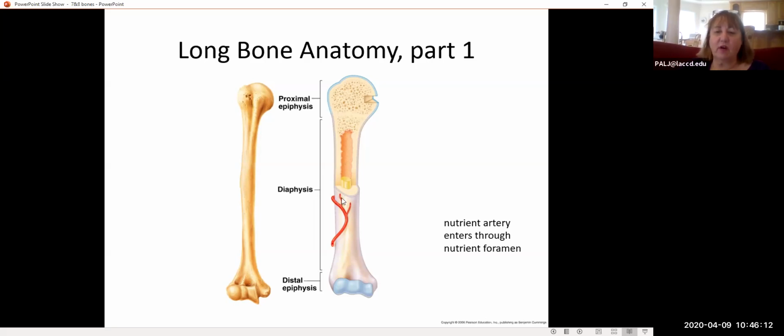They enter the bone through little tiny holes, which you can see with your eye in the bone, and those holes are called nutrient foramina. So a little blood vessel or branch of a blood vessel will enter through each nutrient foramen, and then it will divide, bifurcate, and make many little branches which will go through all the structures of the bone we'll be talking about shortly.